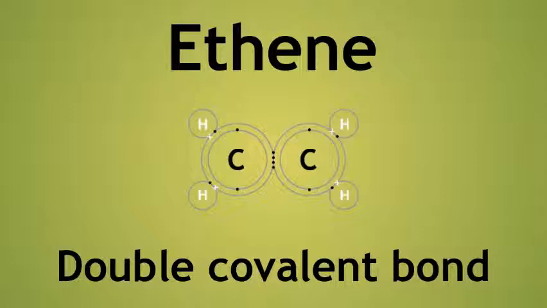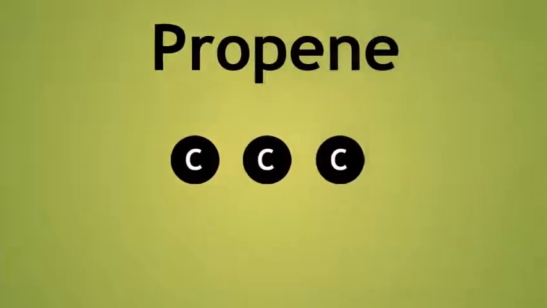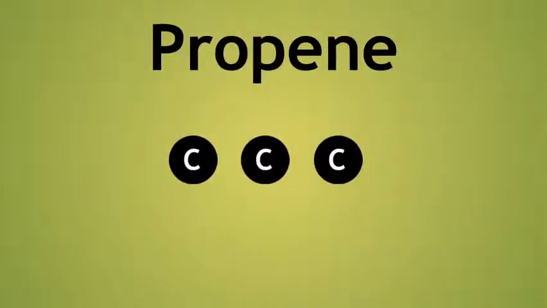You are only likely to come across alkene molecules with just one double bond, although there can be more within a molecule. The next molecule in the series is propene. As before, there is a double covalent bond between 2 of the carbon atoms, but the other is just a single bond.